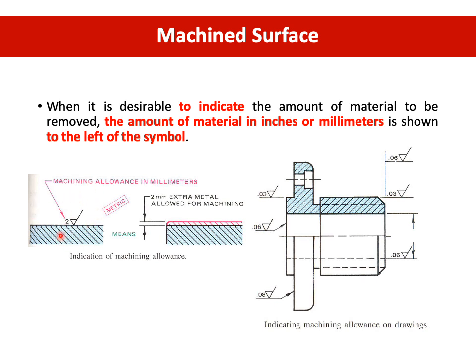So this shows a machining allowance in millimeters. This value indicates the amount of material to be removed, either in inches or millimeters. It is put to the left of the symbols.